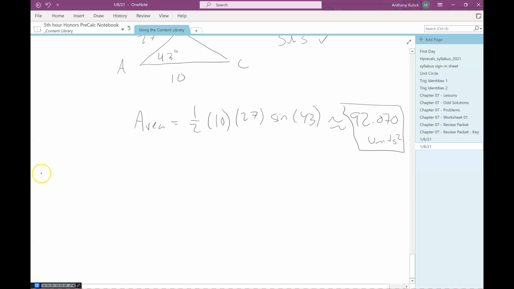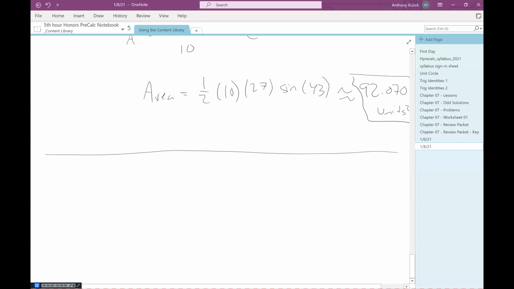Okay. There's an additional area formula that we can use for a side-side-side situation. This is called Heron's formula.